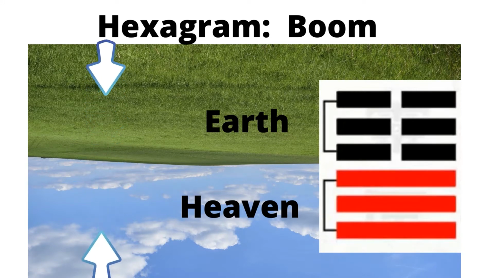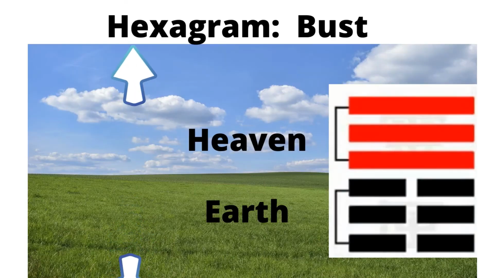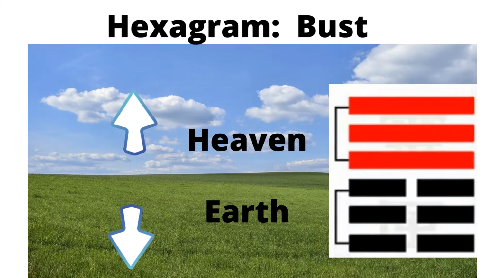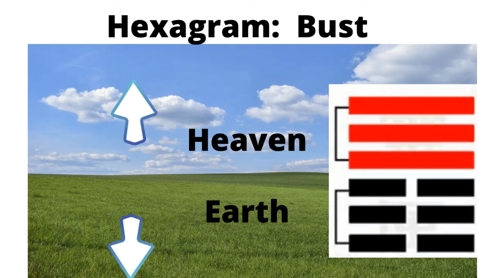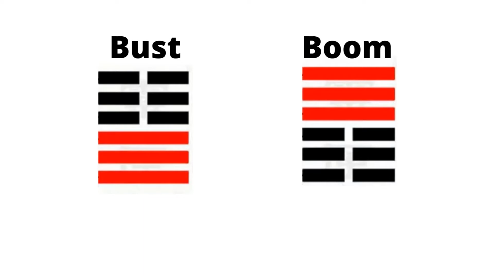The Book of Change names this hexagram boom. On the other hand, if heaven is on top and the ground is at the bottom, then heaven and earth have zero interaction. All living things will suffer from recession. The Book of Changes named this hexagram bust. Boom and bust can apply to different things.